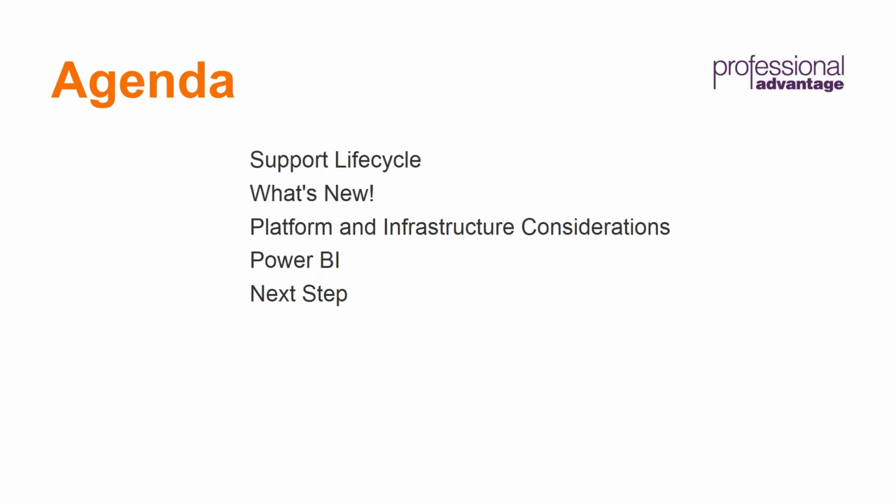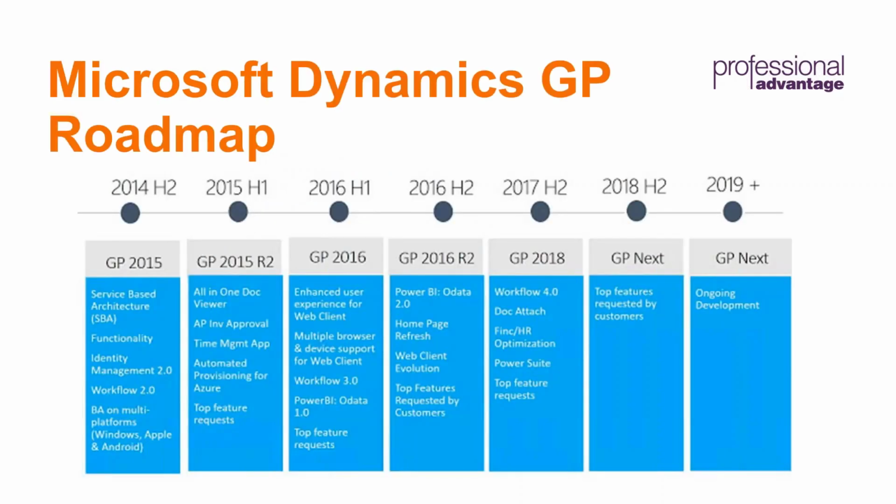There's a couple of things that I'd just like to note here for you when thinking about a 2018 upgrade. The first thing is to highlight where we are in the Microsoft Dynamics GP lifecycle. We're presenting to you today the 2018 release and some specific key features taken out of that 2018 release.